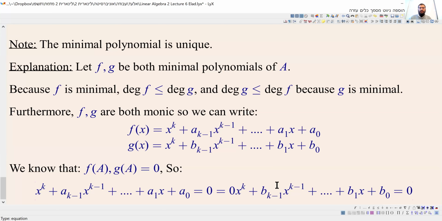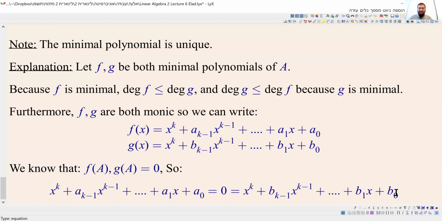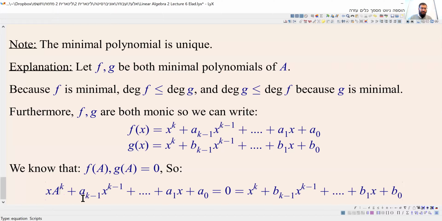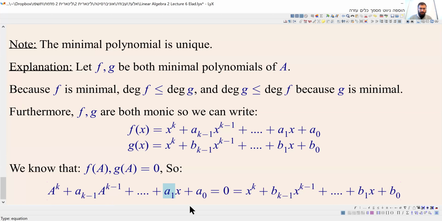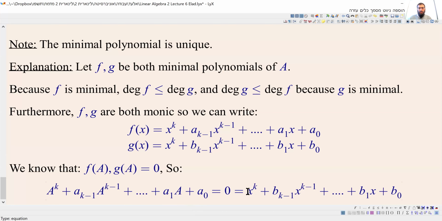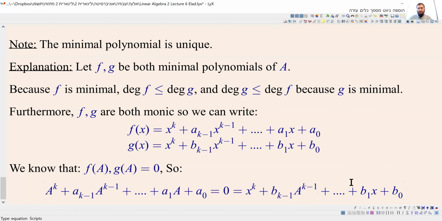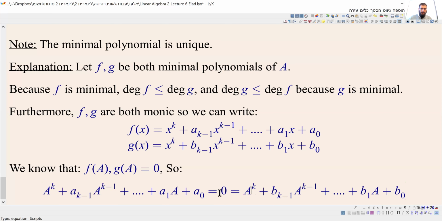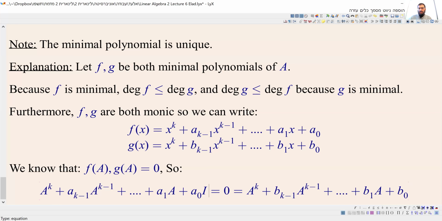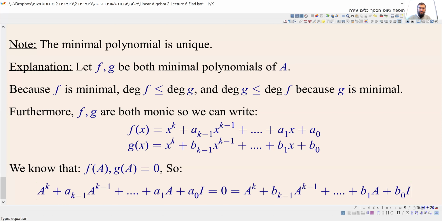Every x I change to A on both sides of the equation, and we have this nice relation where we have I and I. Now we can move every element to the left side of the equation.